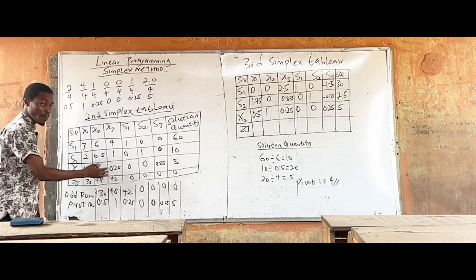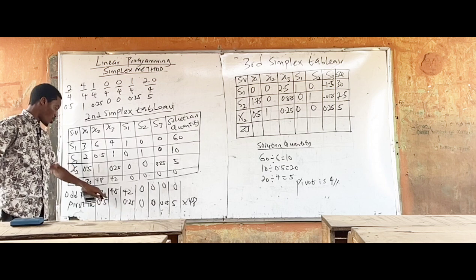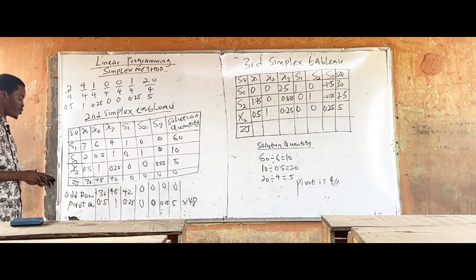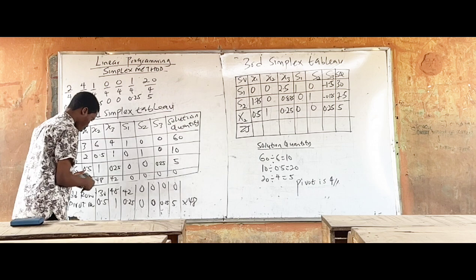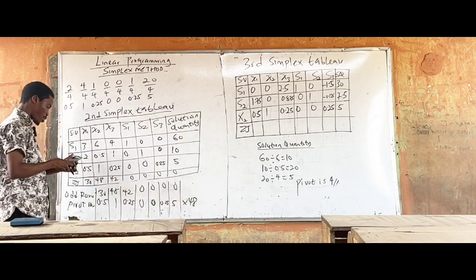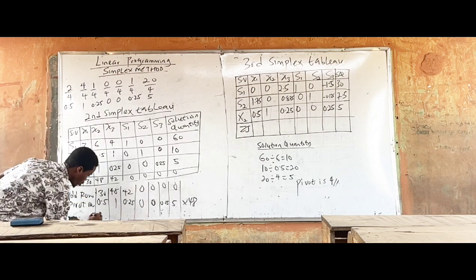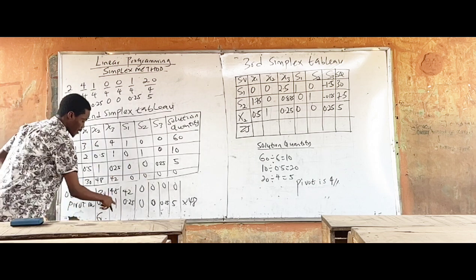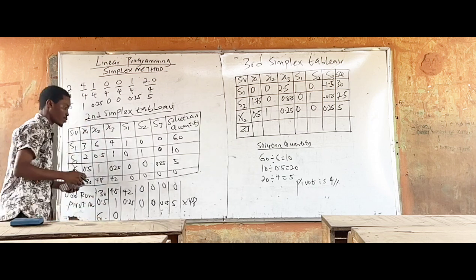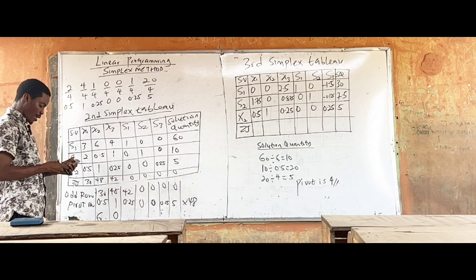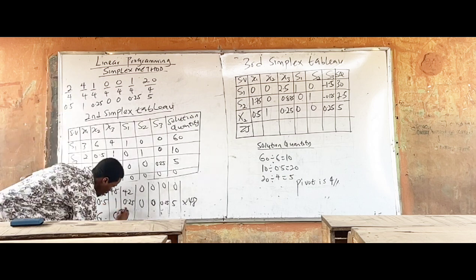I'm going to multiply my pivot row by 48 so that I will be able to get 0 here if I subtract. 0.5 times 48 is 24. 30 minus 24 is 6. 48 times 1 is 48, 48 minus 48 is 0. 0.25 times 48 is 12. 42 minus 12 is 30.